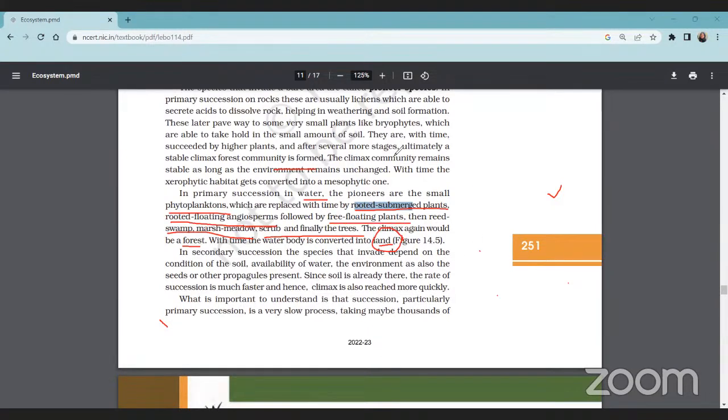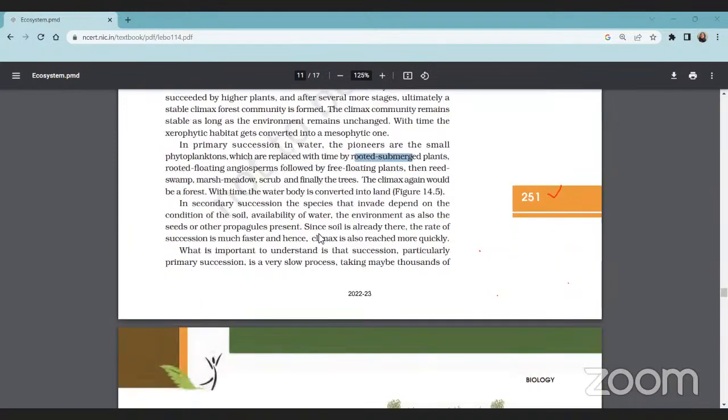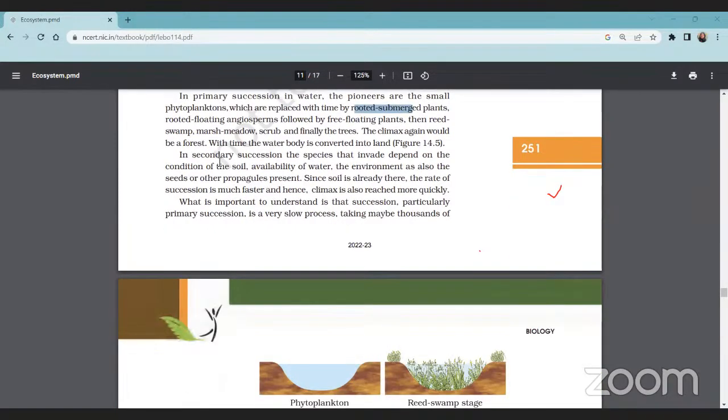In secondary succession, the species that invade depend on the condition of the soil. Here in secondary succession, what is happening?